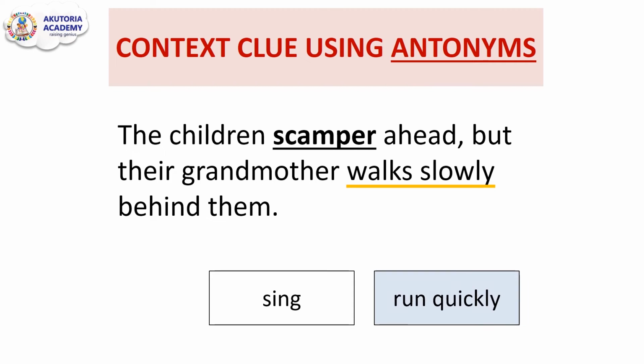Of course, run quickly is the answer, because the opposite of walk in this context will be run, and the opposite of slowly will be quickly. So the children run quickly, the grandmother walks slowly. So the meaning of scamper is to run quickly. So you could figure out the meaning of the big vocabulary by using antonyms.